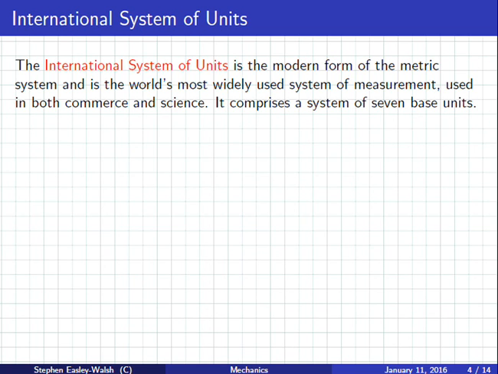You can make other dimensions using these 3. For example, area is length squared, length multiplied by length. So you can build more dimensions from these fundamental dimensions. And just a little bit more vocabulary, the size, or how much, of a unit is called the magnitude. So we use magnitude to mean size.